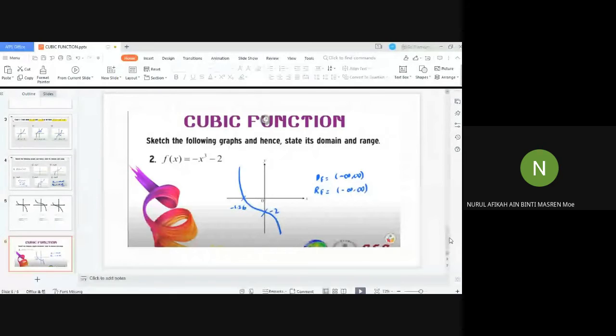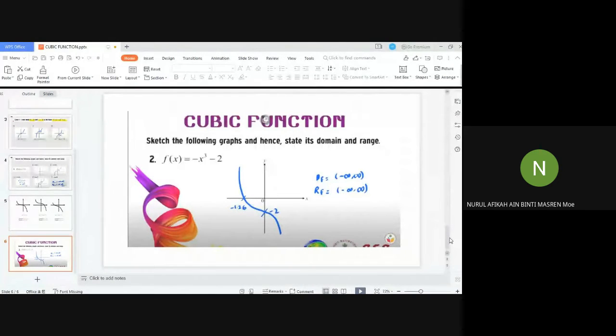Okay, this is an example question from the YouTube video. Sketch the following graph and hence state its domain and range. We look at the function, negative x cubed minus 2. First we need to determine the value of a, whether a is less than 0 or greater than 0, so that we know the shape of the graph we want to sketch. Here the value of a is negative, which is less than 0, so the shape of the graph will be like this.